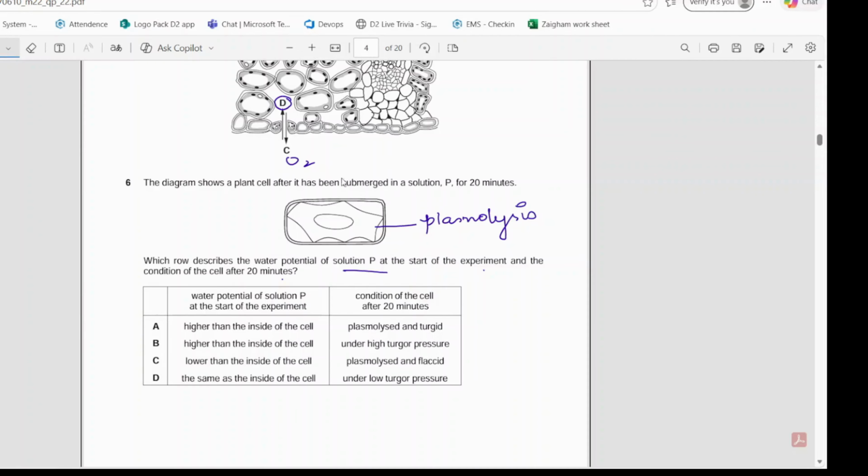P is a solution. So they asked about P. So inside the cell, it's higher, and in solution P, it is lower, right? And then what happens? Plasmolysis and it becomes flaccid. This option cannot be correct because here turgid is written.